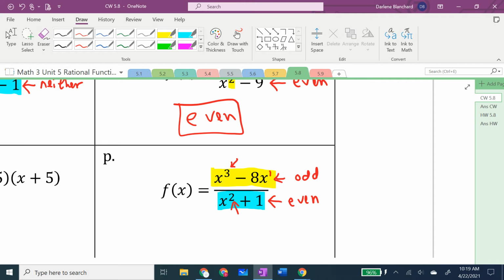But when you're looking at a rational function and two polynomials, you have to first look at the individual polynomials and then look at the whole fraction overall. Did that help?